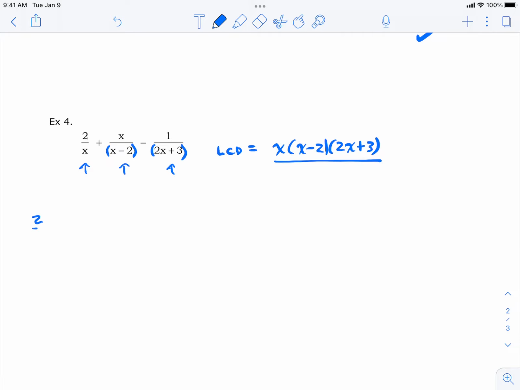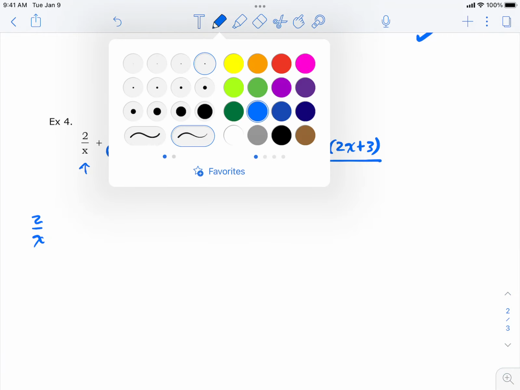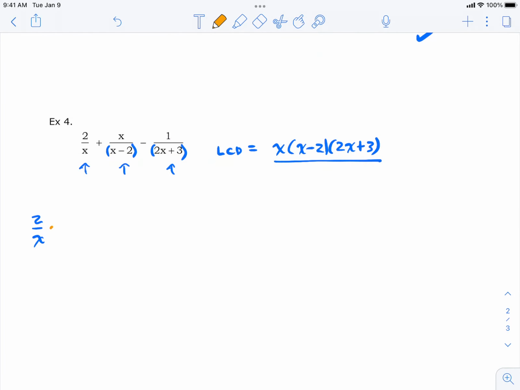So this 2 over x here, we're going to have to give it some parts. It's got the x. It's going to need an x minus 2. It's going to need a 2x plus 3. Holy cow. So you multiply top and bottom by the x minus 2 and the 2x plus 3.